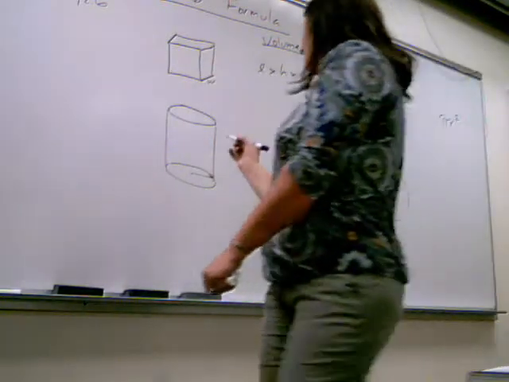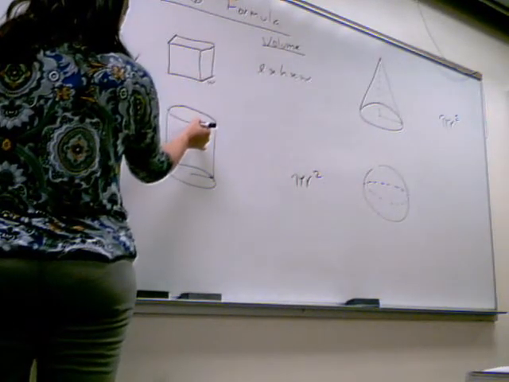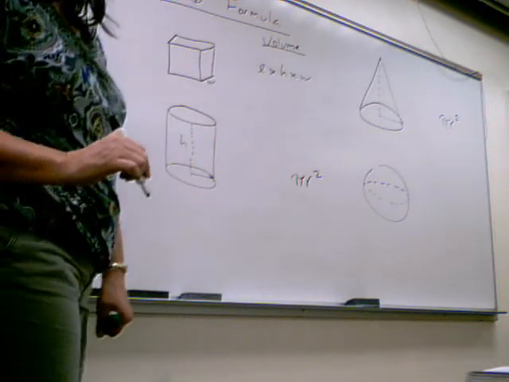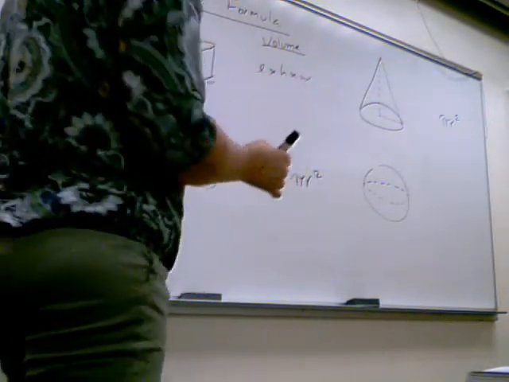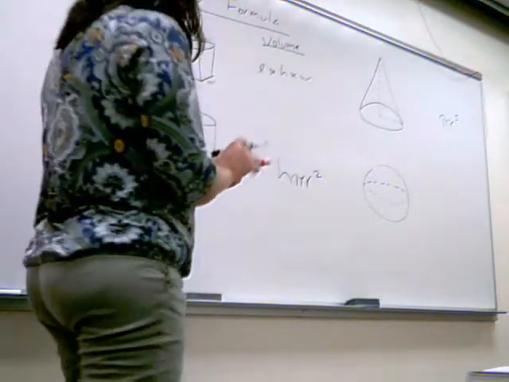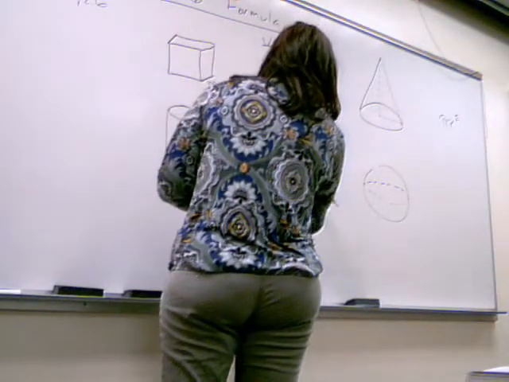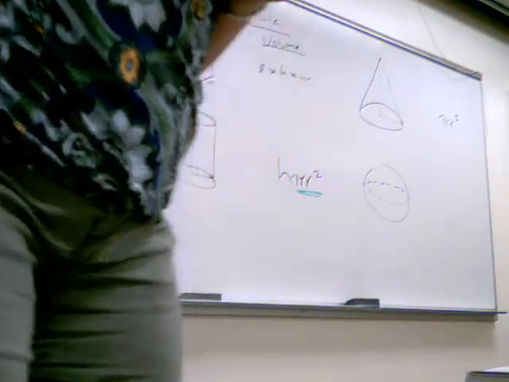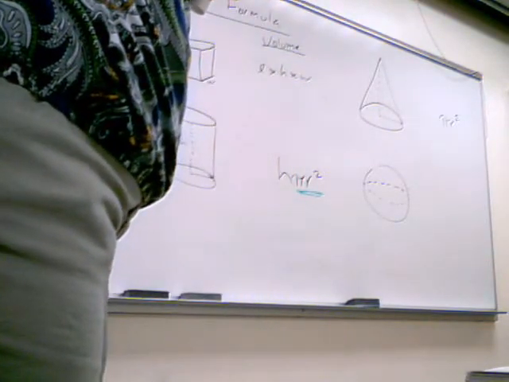Now, what's the other measurement I'm going to be given? Well, I'm going to be given a height, right? So for my cylinder, it's just height times pi r squared. So as long as you remember the area formula of a circle, you put in the height, you're good to go.